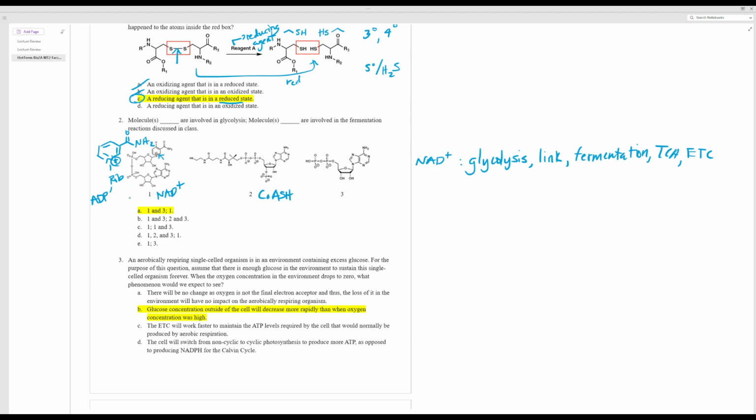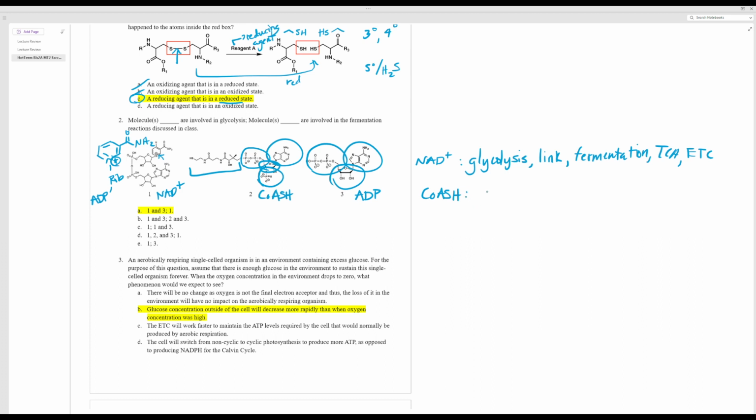Versus CoASH has this large additional group in addition to two phosphates, a sugar, and a nitrogenous base, and a final phosphate. And then finally, we have sugar, nitrogenous base, 2 phosphate groups. This is ADP.